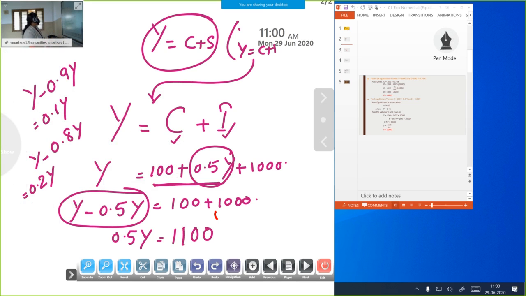Then Y is equal to 1100 divided by 0.5. We are getting 2200. You just copy this one.